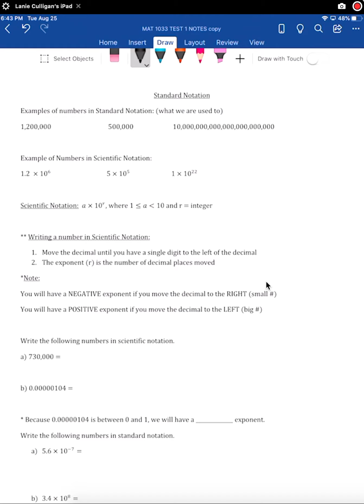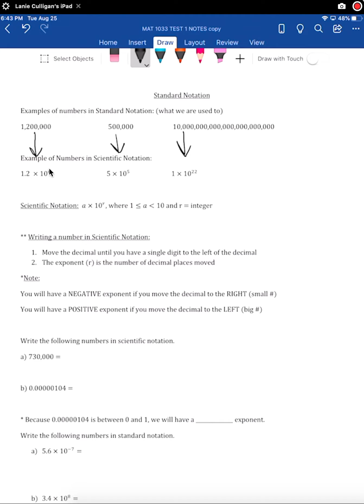Standard notation is what we're used to seeing. So 1,200,000, 500,000, and then we have this really big number. These are the same numbers just written in scientific notation. In scientific notation, we move the decimal by showing 10 to some power.